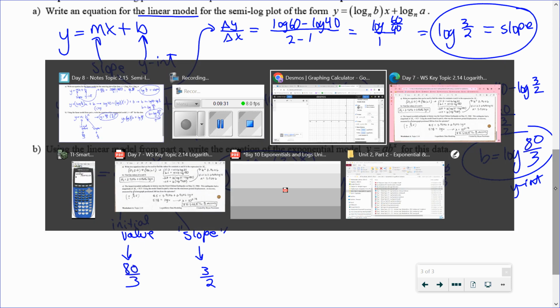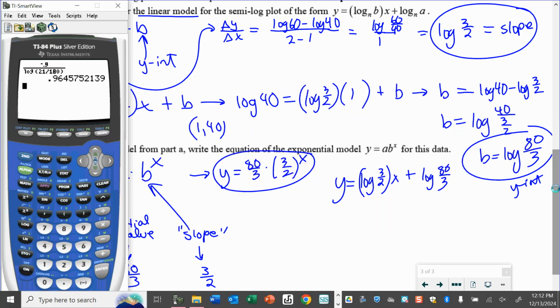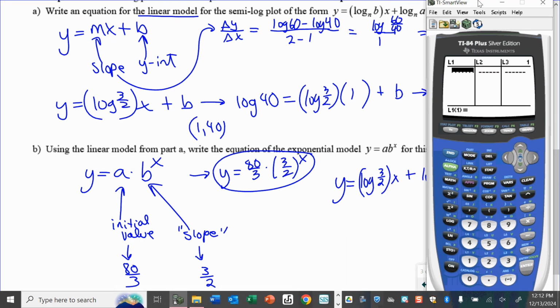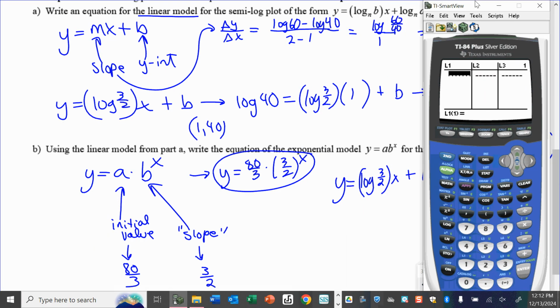I think I cleared my calculator, so I don't have it. Oh. No. Can somebody come put it in for me? Here, Kate will do it. Use this one, and put that down in the calculator.